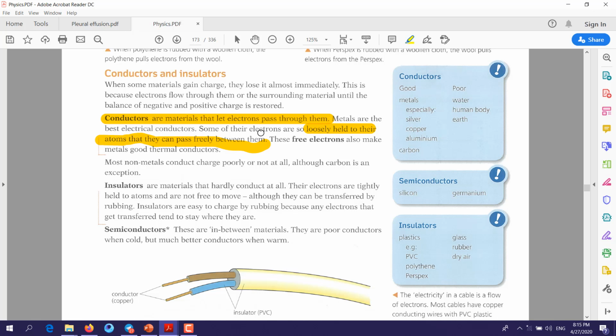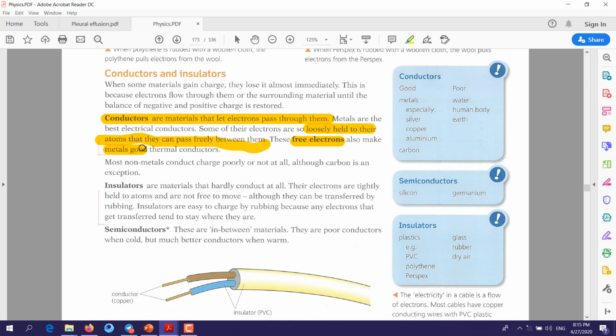This kind of electron we call free electrons. Materials that have free electrons are good conductors. For example, metals are good conductors of heat and electricity.